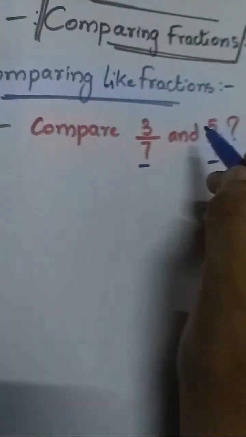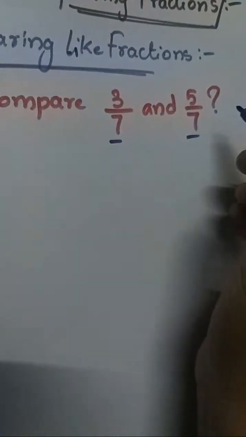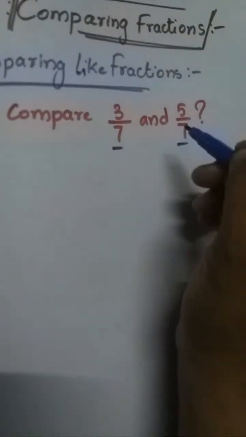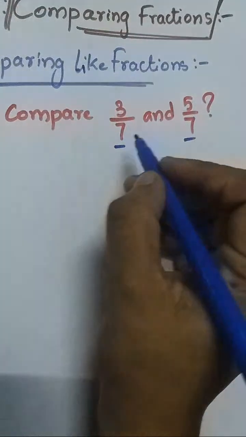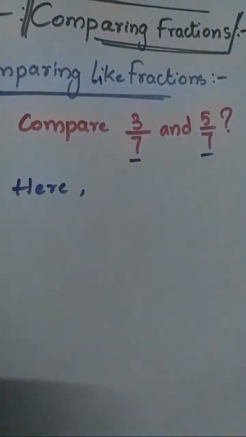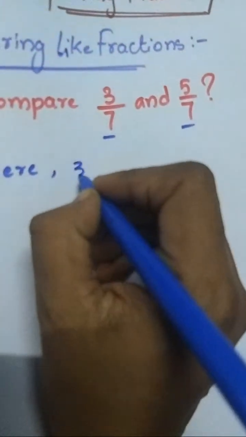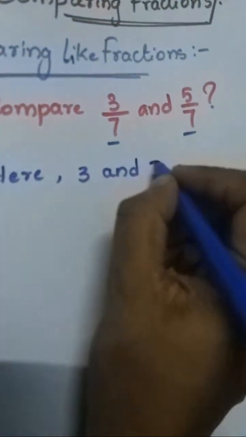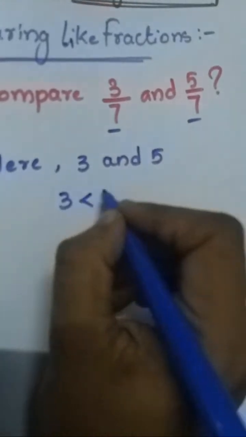See here, we have to compare which one is greater, which one is smaller. How will we identify this? Denominators are the same, so compare only numerators. 3 and 5 are there, so 3 is less than 5.